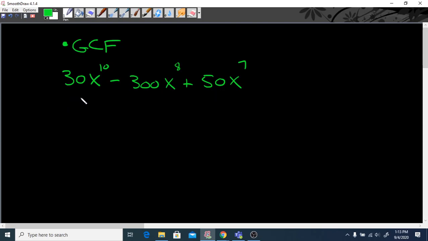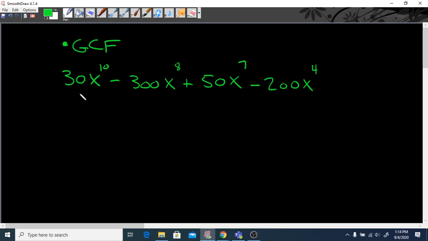Okay, so let's go ahead and add one more term. Minus, let's say, 200x^4. So the greatest common factor is the biggest chunk of stuff that is common to every term, okay?